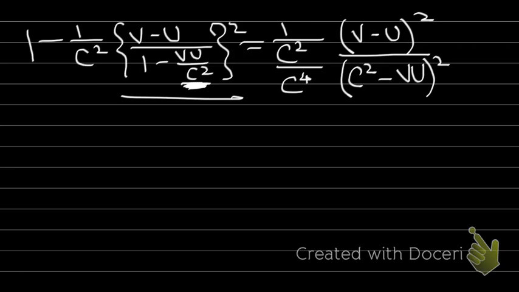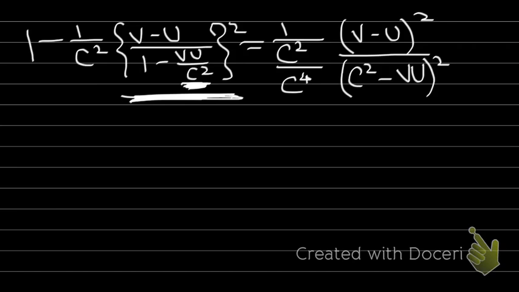Let me again mention that we actually factored out c squared, but because this complete term had a square on it, what actually came out was c to the power 4. It's basic algebra, right?